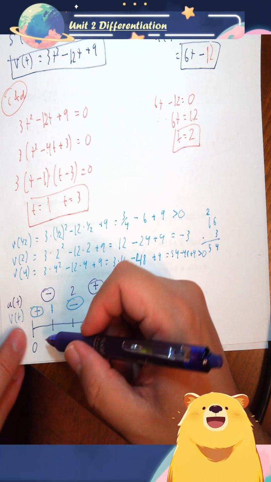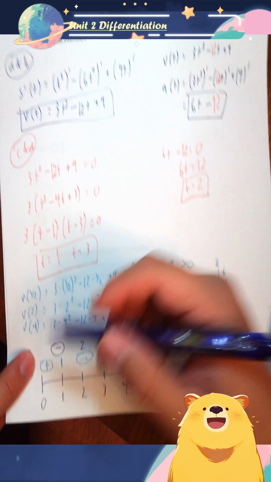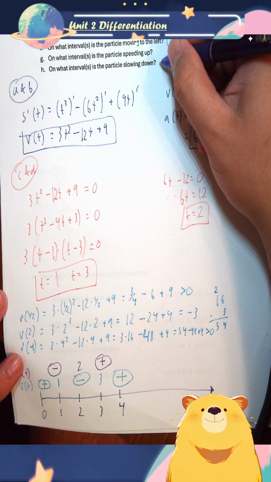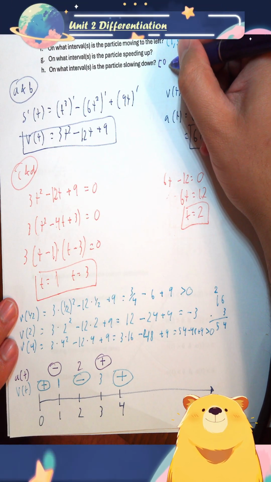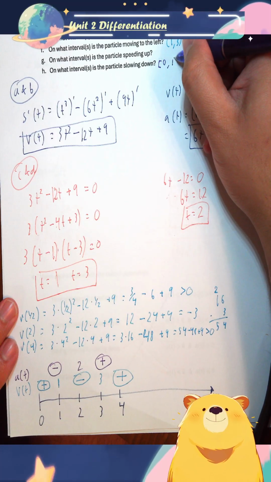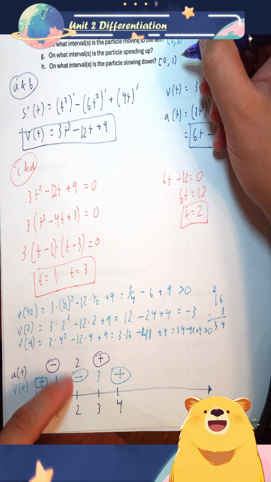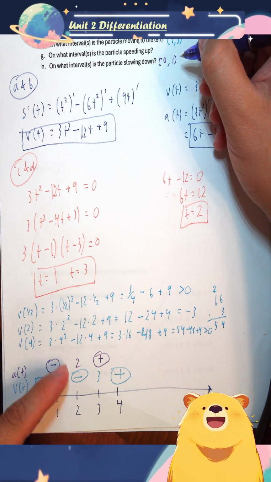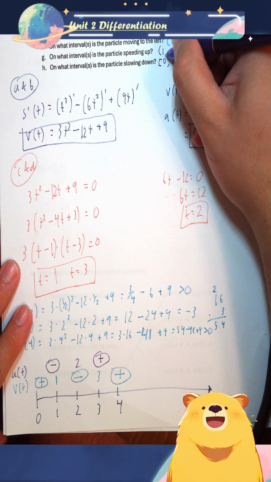So we see here that initially it is indeed slowing down from 0 to 1, and then it starts being the same sign from 1 to 2. So I'm going to write 1 comma 2.